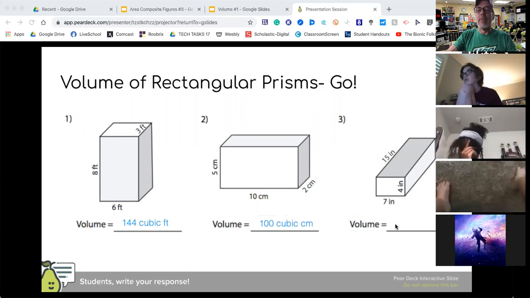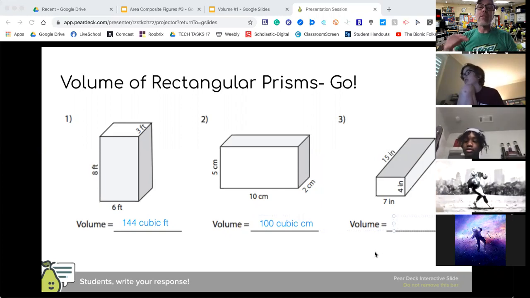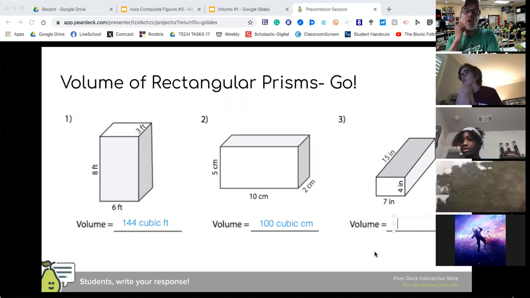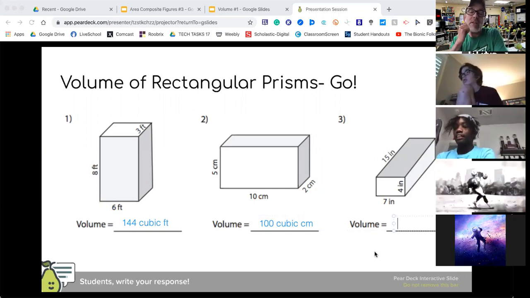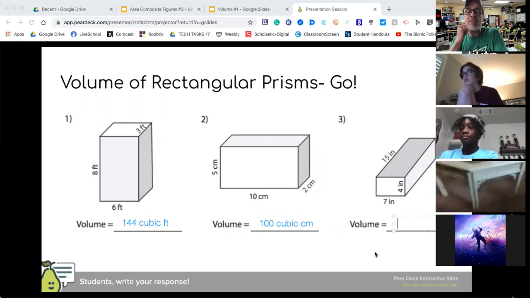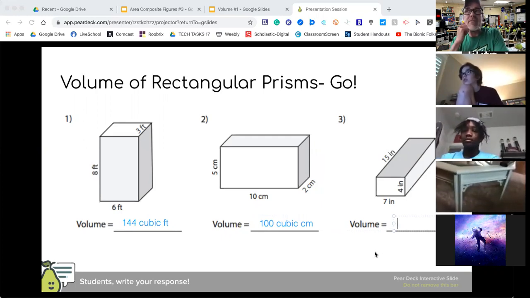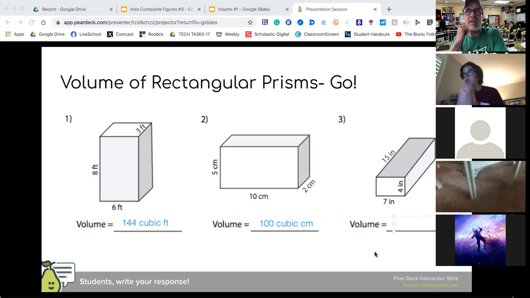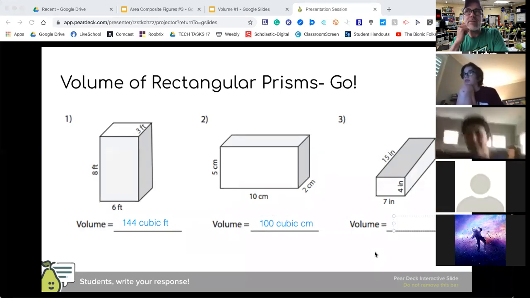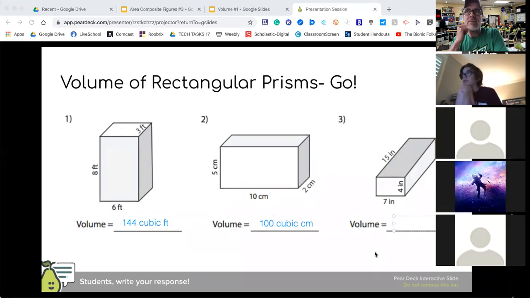And if you did number 3, what's the base part? Is it 7 times 4 or 15 times 7? I'd say 15 times 7. And 15 times 7 is 75? No, 105.